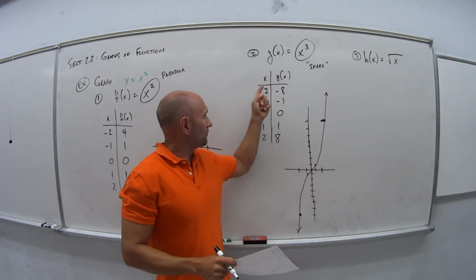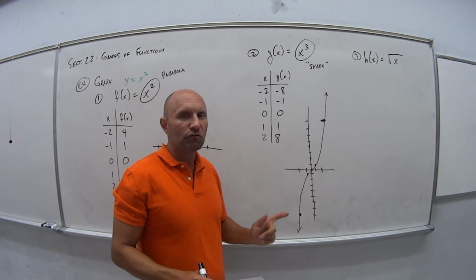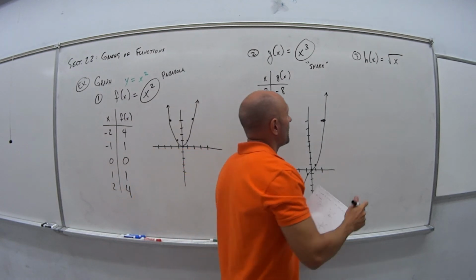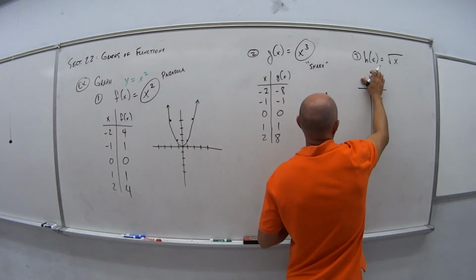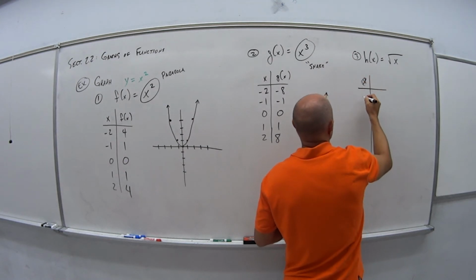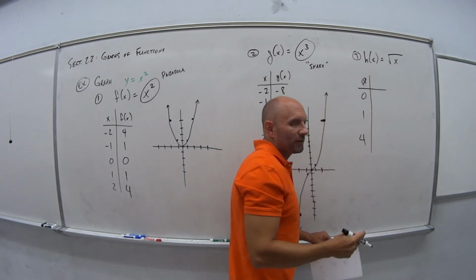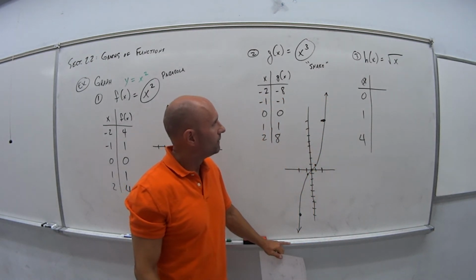My domain, that's all these values I'm picking for x, the independent variable. But when I have square root of x, I'm restricted by what? I can only have 0 and positive numbers. So in this case, I'm going to pick 0, I'm going to pick 1, and I'm going to pick 4 as my point to plug in, and you'll see why here.